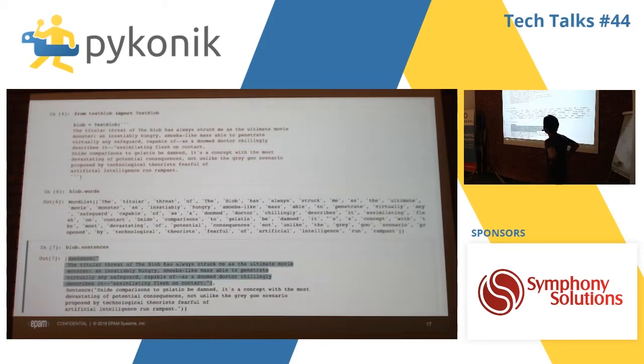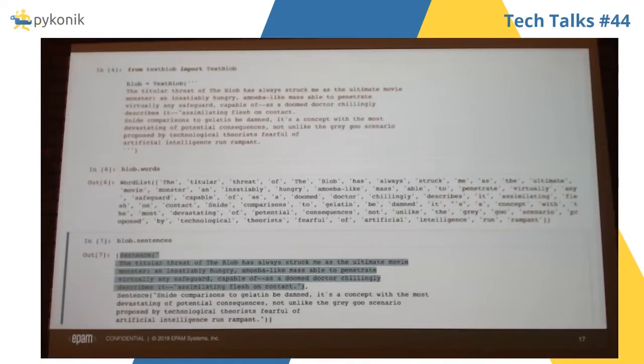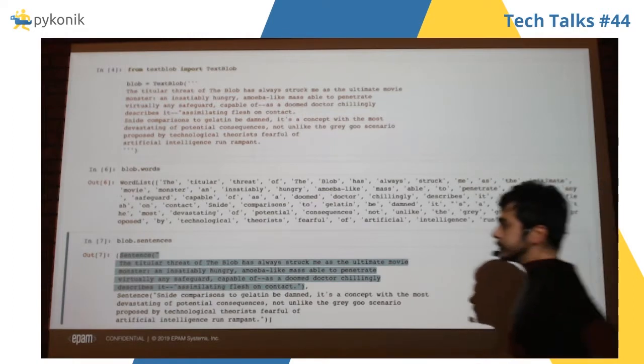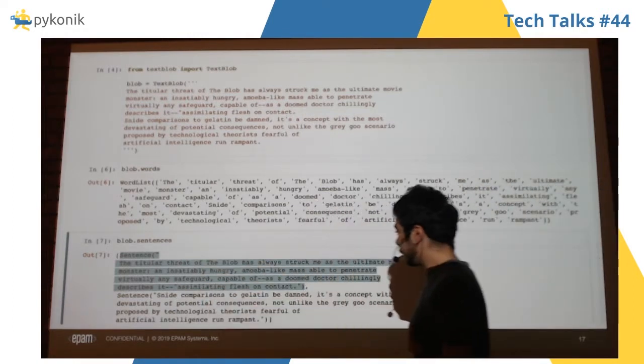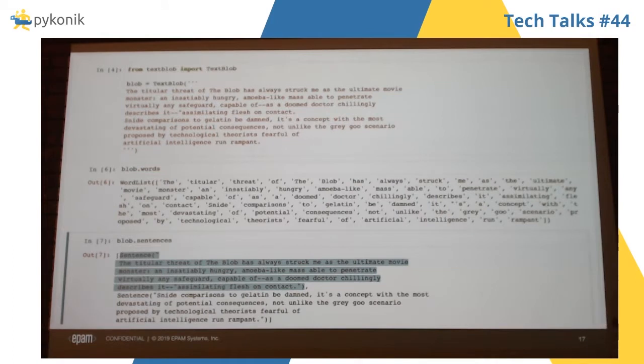For instance, here, after the instantiation of a TextBlob, I have access to attributes of the TextBlob library. When I call blob.words, it gives me a WordList instance that contains all the words in the text. Also, I have sentences in that case. Sentences gives me a SentenceList.